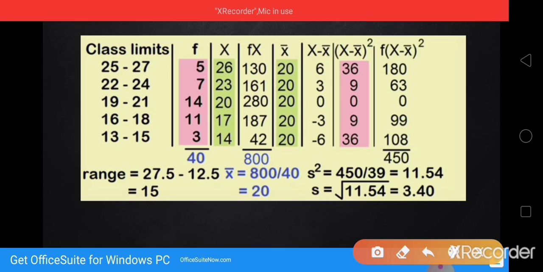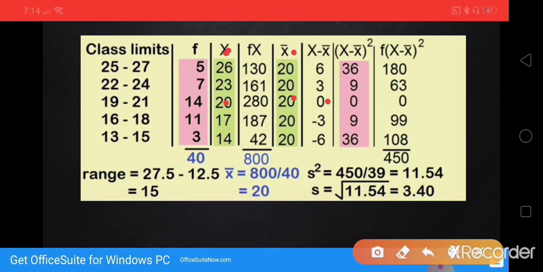For x minus x bar, you subtract the sample mean from the class mark. So, for example, 20 minus 20 equals 0.